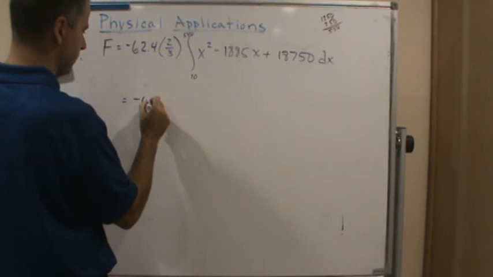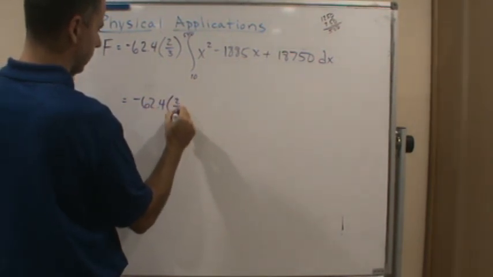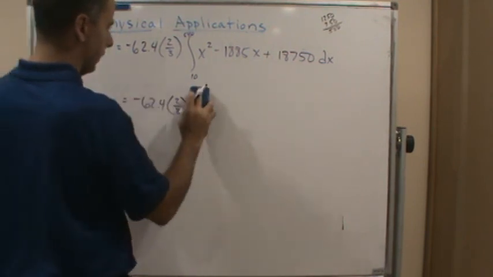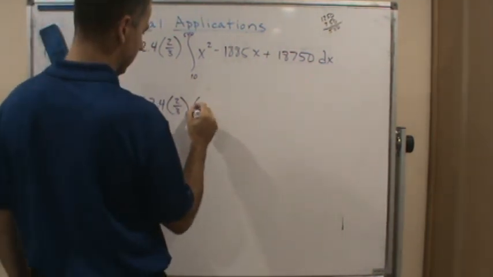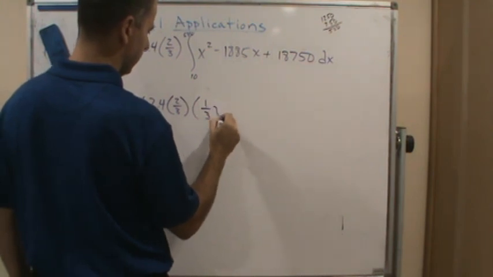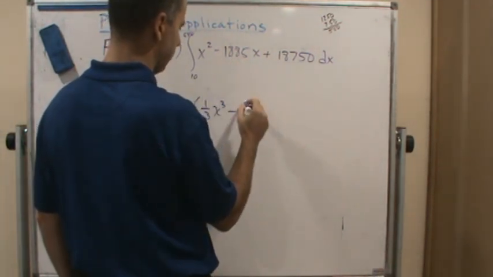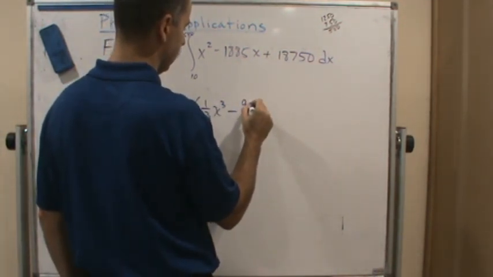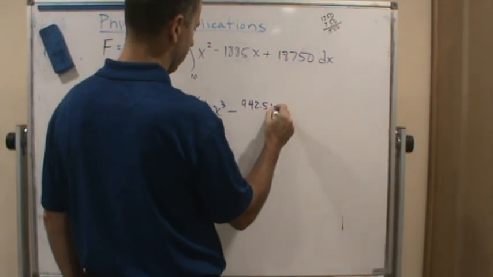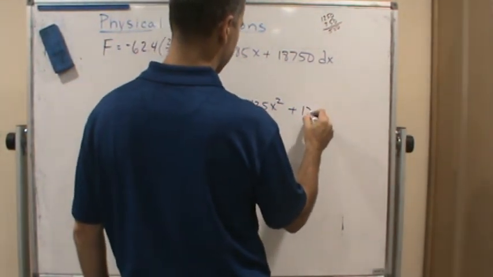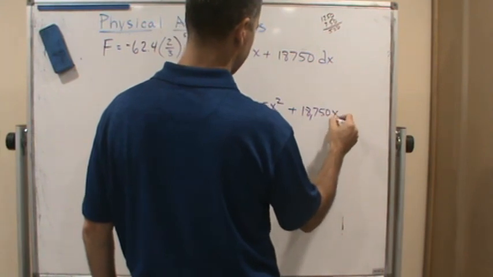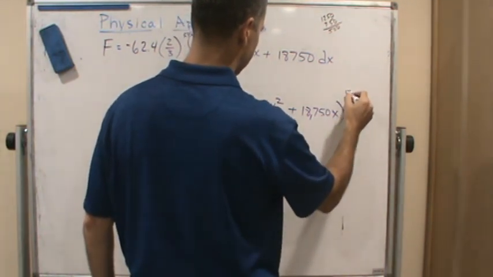So this would be negative 62.4 and 2/3, and then this is going to be 1/3 x cubed minus, this is going to be half, so that'll be 9, x squared plus 18,750x from 10 to 540.